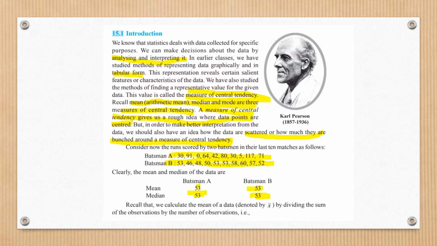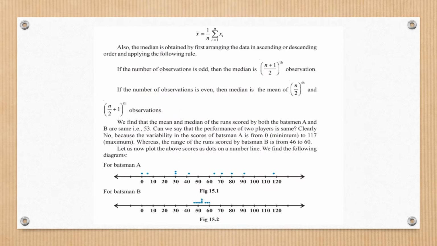Recall that we calculate the mean of a data denoted by x bar by dividing the sum of observations by number of observations, right? So if you remember, the formula was your x bar is summation xi divided by n. Okay. Also, the median is obtained by firstly arranging the data in either ascending or descending order and then applying the formula, right? There were two rules.